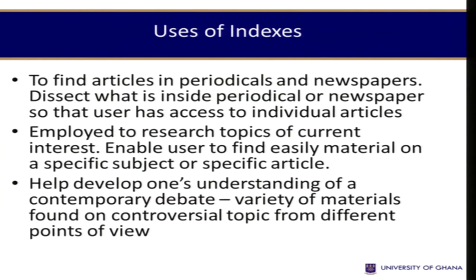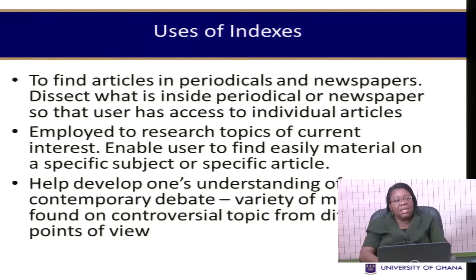Uses of indexes. Apart from book indexes, we have what we call periodical indexes, newspaper indexes, pamphlet indexes. There are several types of indexes. Now, for newspapers and periodicals, the usefulness of indexes is to help them dissect exactly what is found within that particular newspaper or periodical.